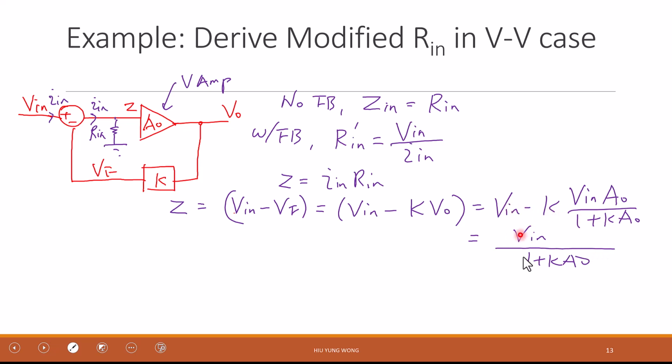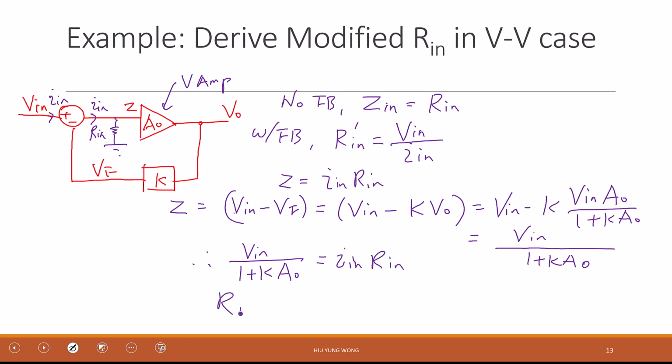V in times 1, V in times KA0, and this is V in times KA0 negative, so they got cancelled. Therefore, V in divided by 1 plus KA0 equals I in divided by R in.